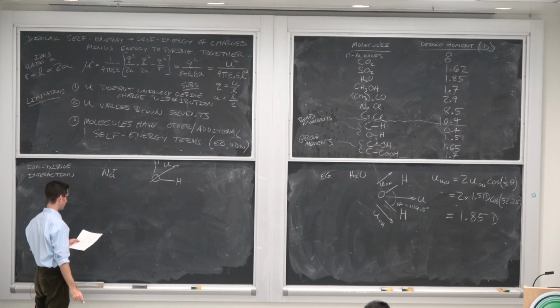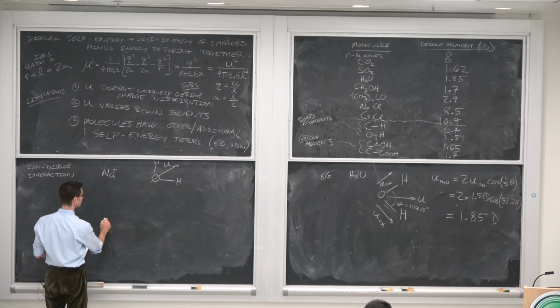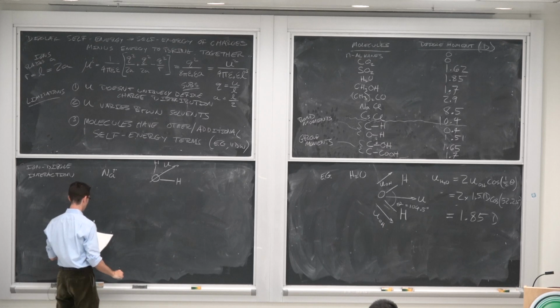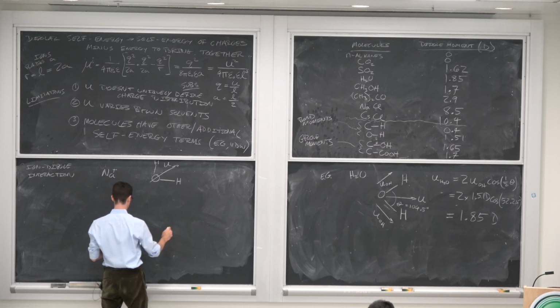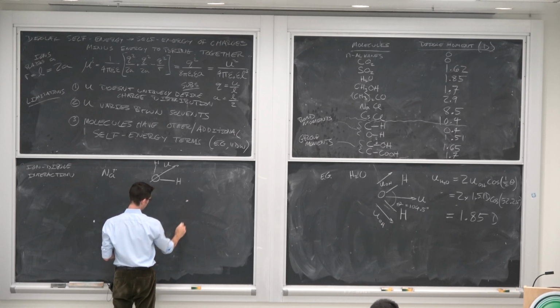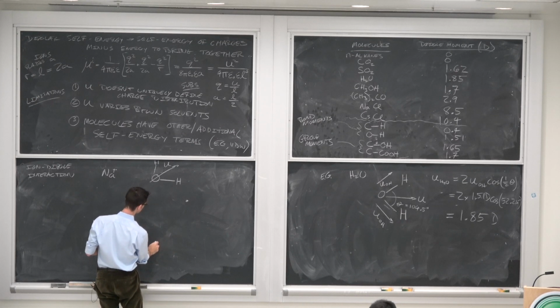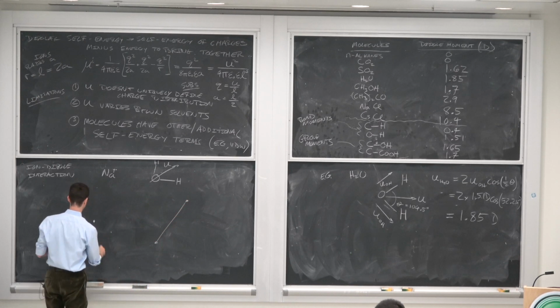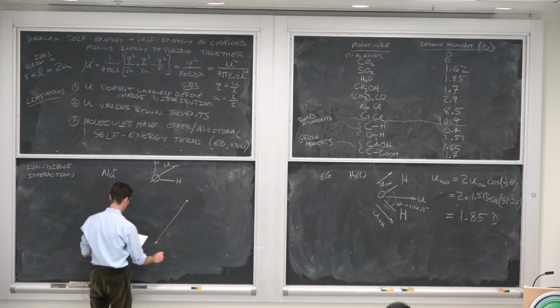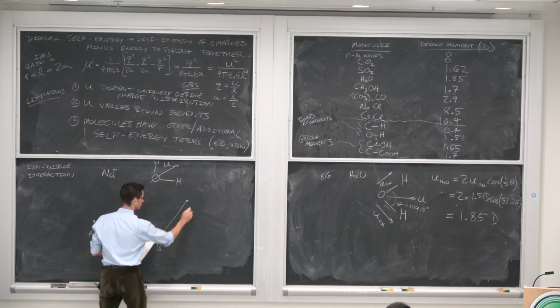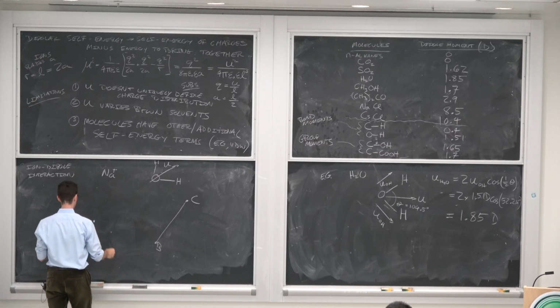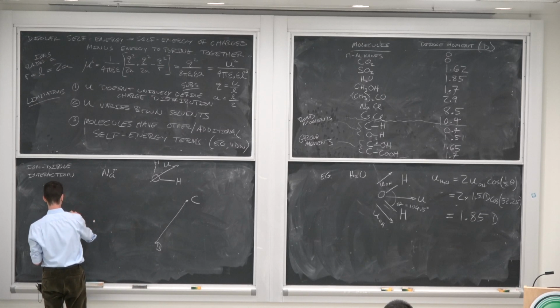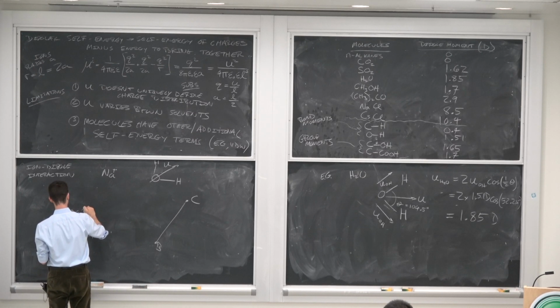Now you could think about this as using the following geometry. A interacting with charges B and C, where A has the charge Q equal to EZ.